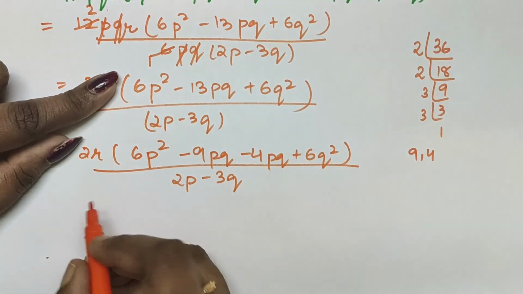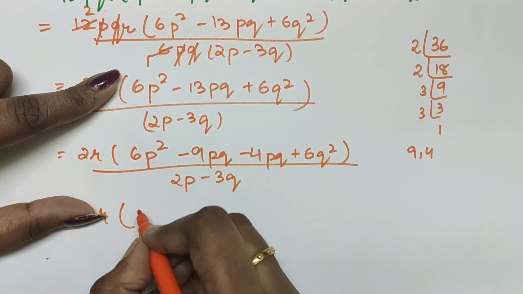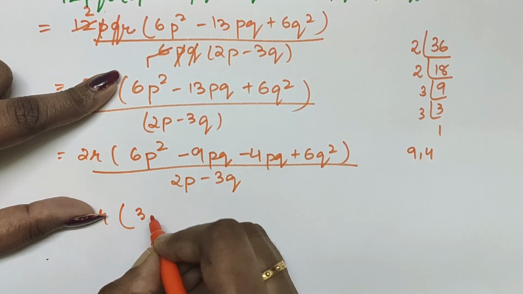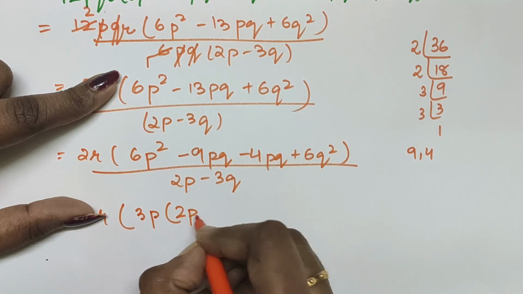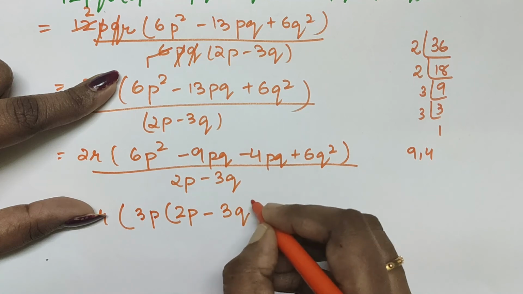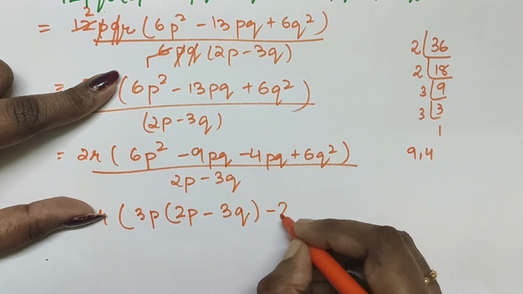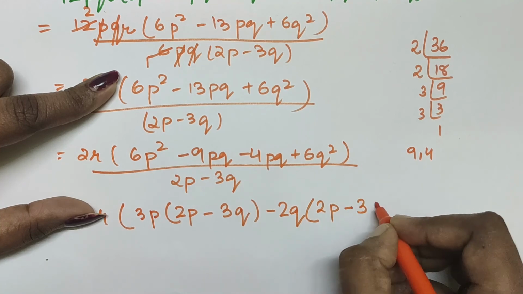And then we will take out the common factors. Here we can take 3p, so it will become 2p minus 3q, and here I can take 2q common, so it will become 2p minus 3q.